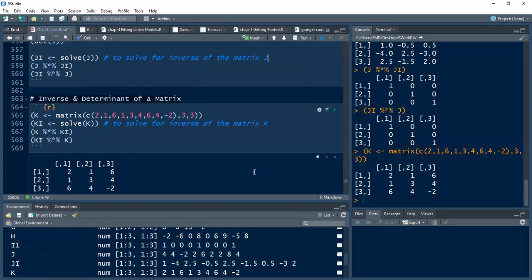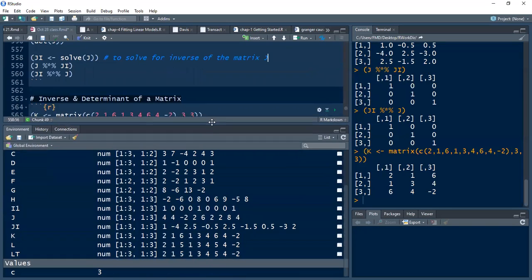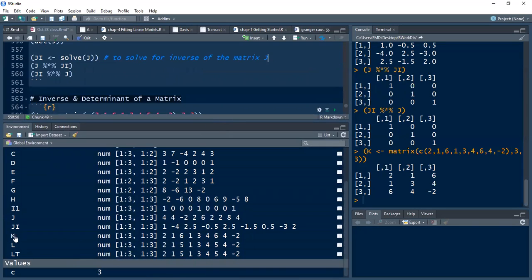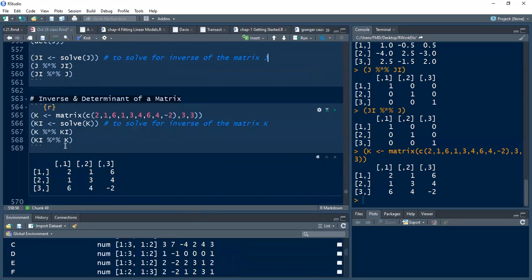All right, so we have generated matrix K. As we can see here, there's matrix K. Then we solve for the inverse of matrix K.